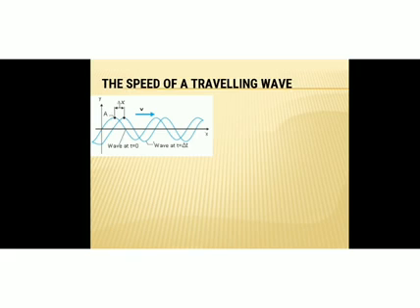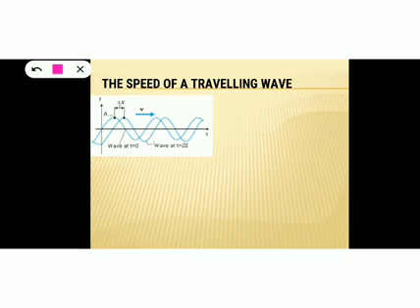Now let's derive an expression for the speed of a traveling wave. For that, consider this particular figure. In the figure you can see a wave, and this wave is propagating along the x direction, isn't it?